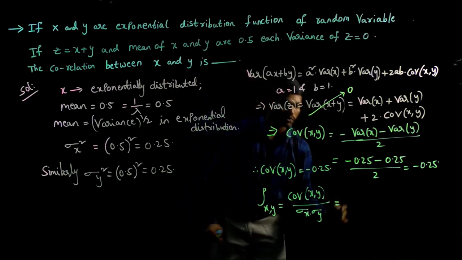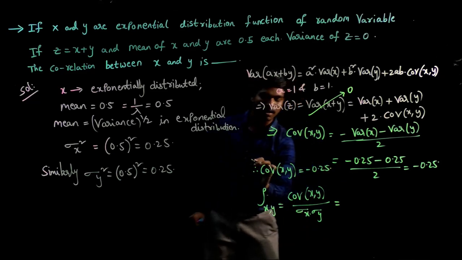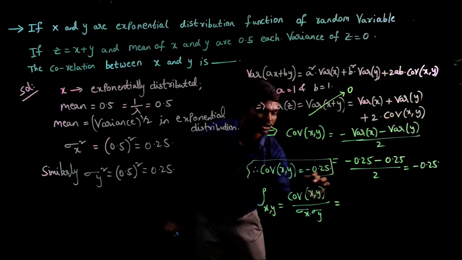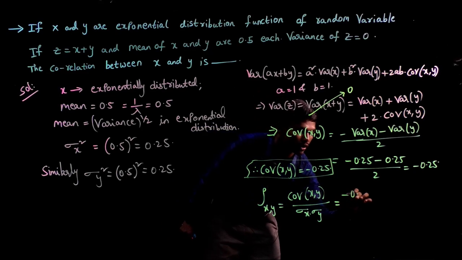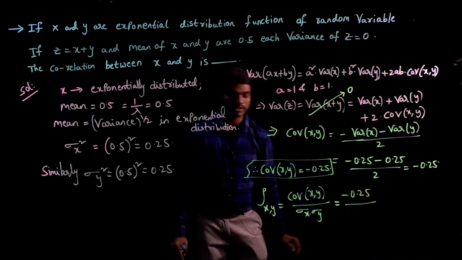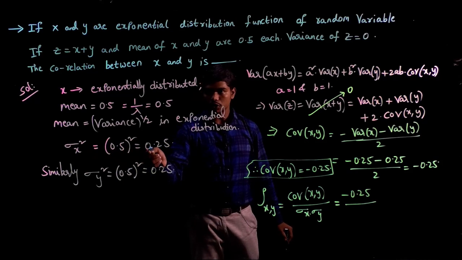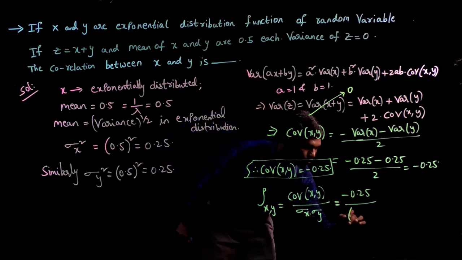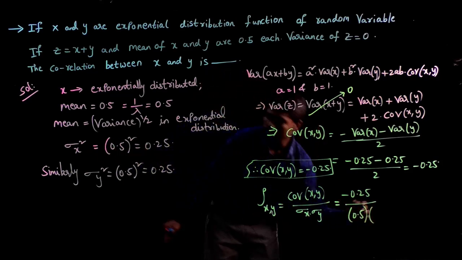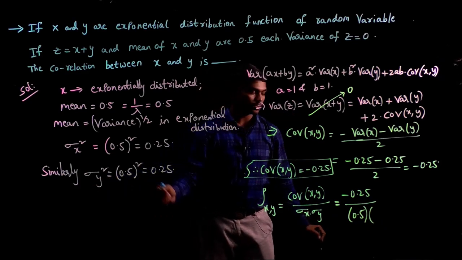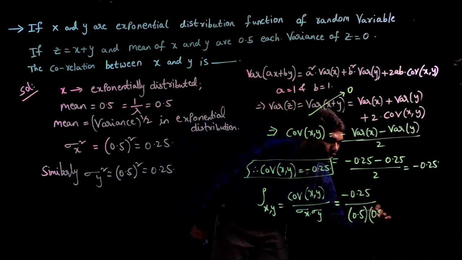So this is equal to, see, covariance of x comma y, we just obtained this value as minus 0.25. If you put minus 0.25 here and divide by sigma x and sigma y, when sigma x square is 0.25, sigma x is 0.5, and similarly when sigma y square is 0.25, sigma y is also 0.5.